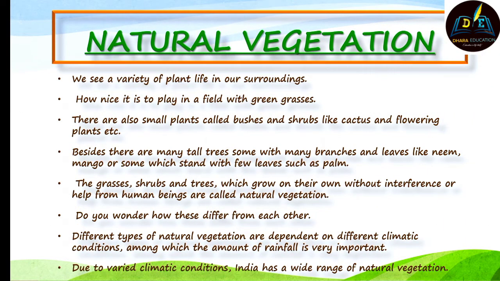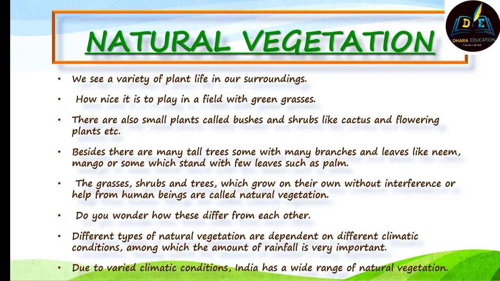Natural vegetation. We see a variety of plant life in our surroundings. So students, we see many plants around us. For example, in your balcony or in your window or on the grill, even if you have planted something, correct?